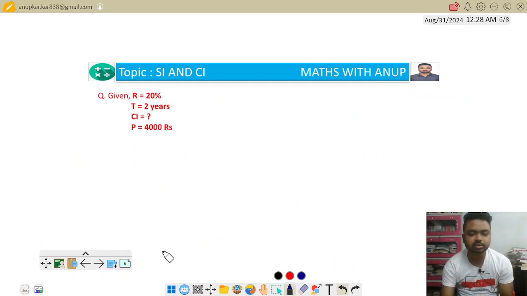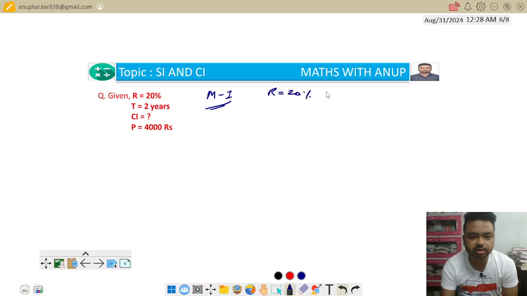This is based on the last concept only. The thing is that I will be telling about the various methods to solve this type of questions. So method 1 is a simple one which I did in the last question, that is rate equal to 20%, which is equal to 1 by 5 for first year.